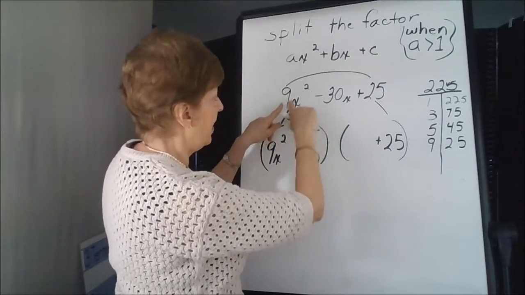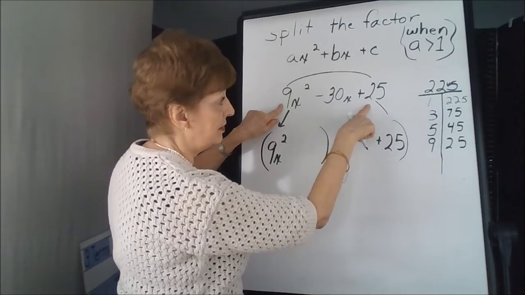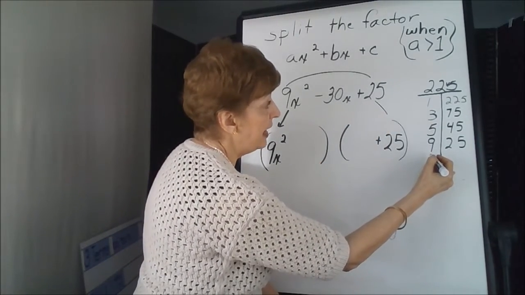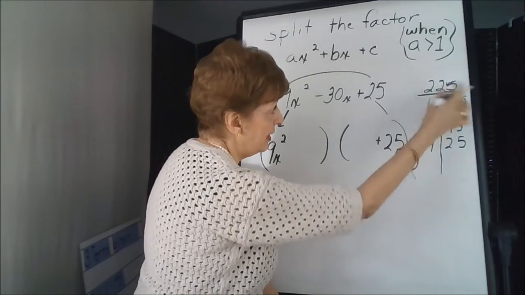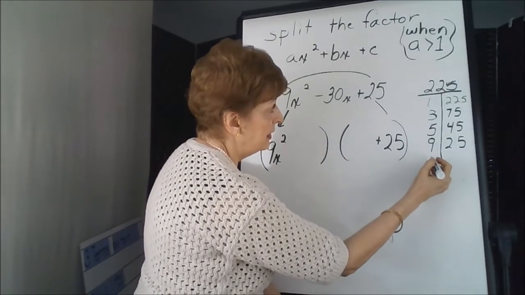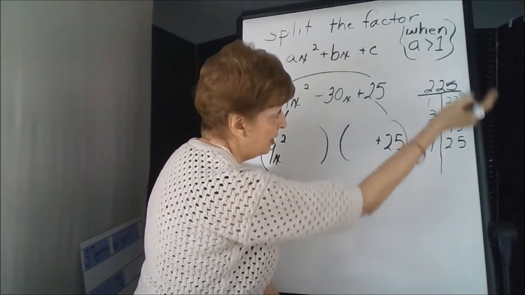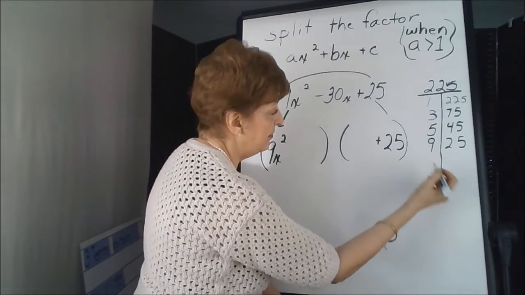And that was actually the factor that we used to get the 225 to begin with. All right, will 10 work? No, it would have to end in a 0. 11, no, I can see that right now. It'll go into 22, but it won't go into 5. 12 is an even number.